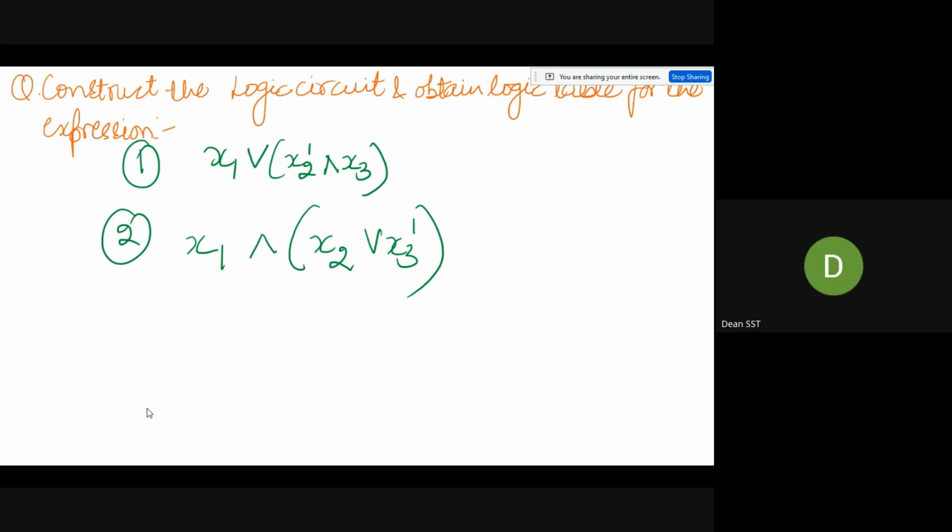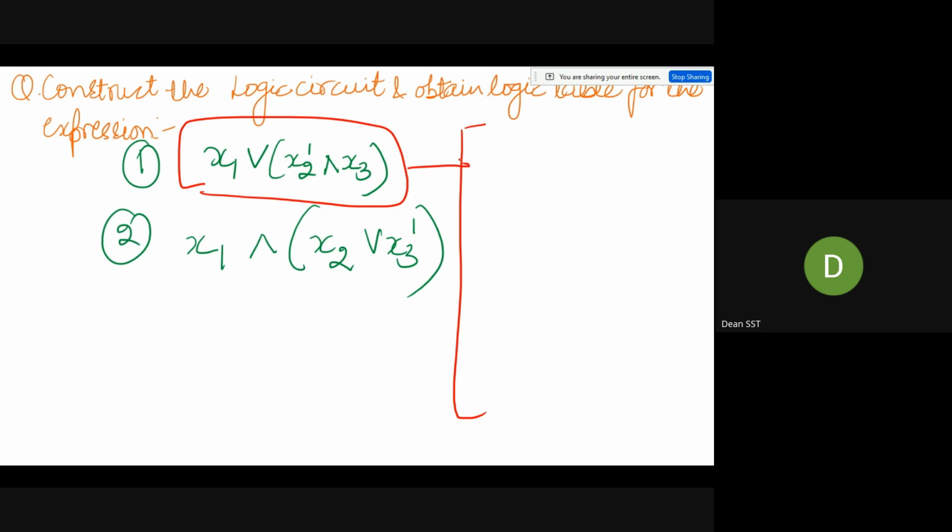Now create a logic circuit for this one. Try to create it. Create the logic circuit and make the truth table also. X1.